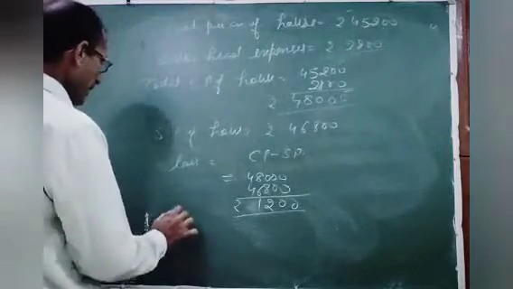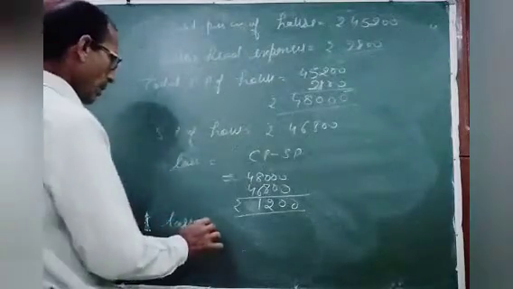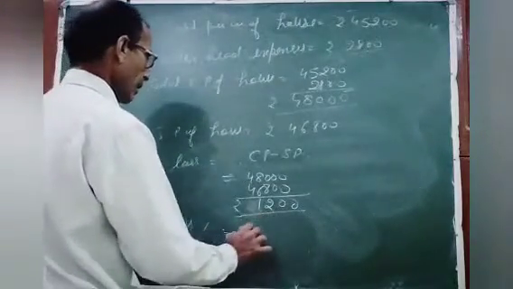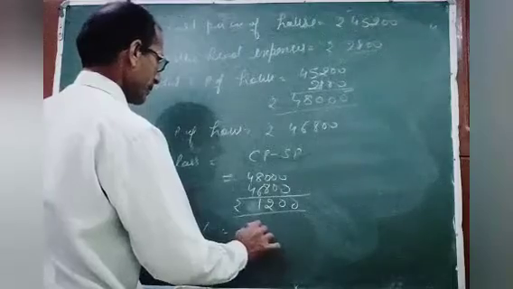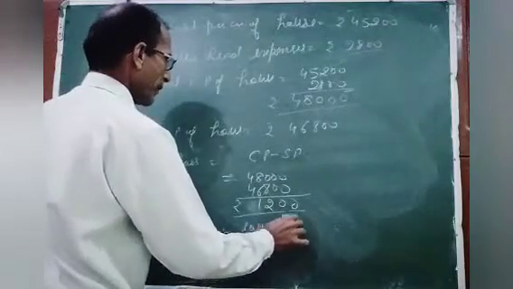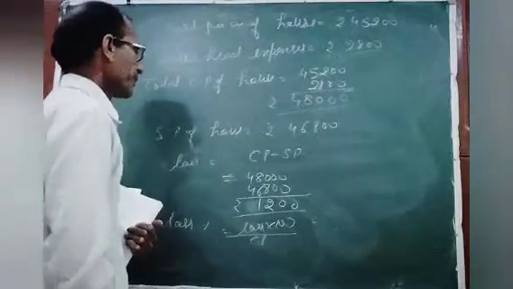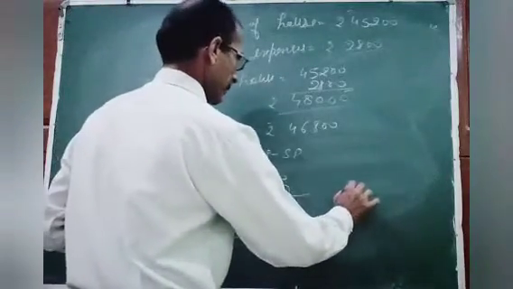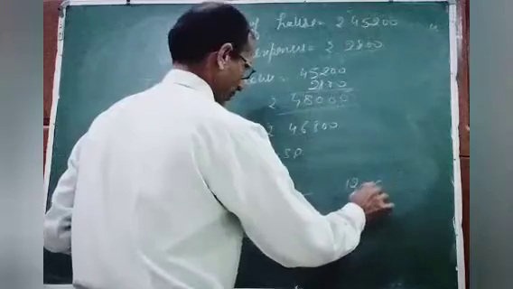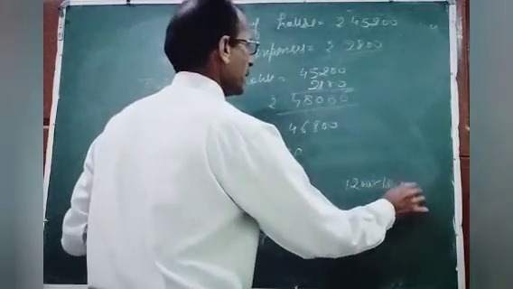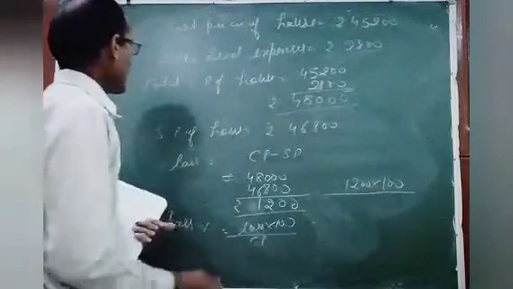Now loss percent. Loss multiplied by 100 upon CP. So what is loss? Loss is 1,200 multiplied by 100 upon cost price.